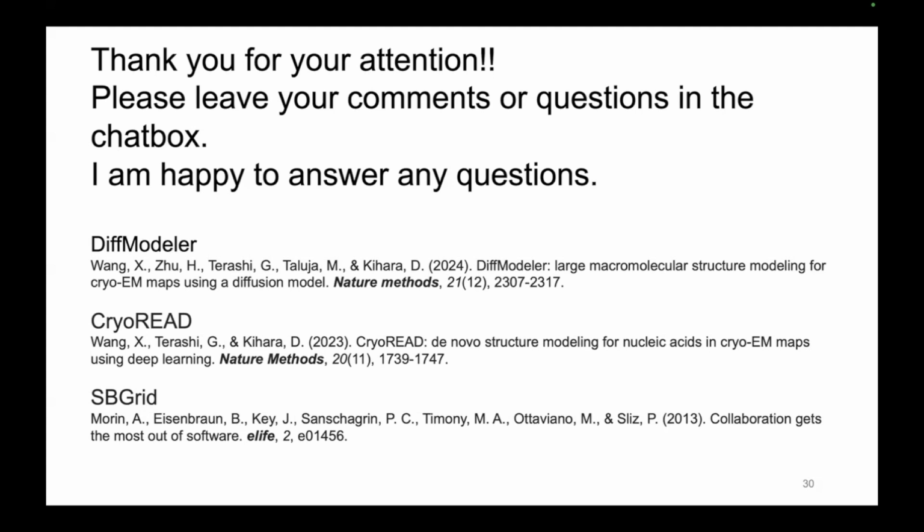But with DiffModeler, even if the map resolution is not great, it can enhance the position of the backbone. Then it tries to fit the predicted AlphaFold2 structure into the map. So that's why, for relatively low resolution maps, DiffModeler can achieve very good performance compared with ModelAngelo. Does it answer the question?